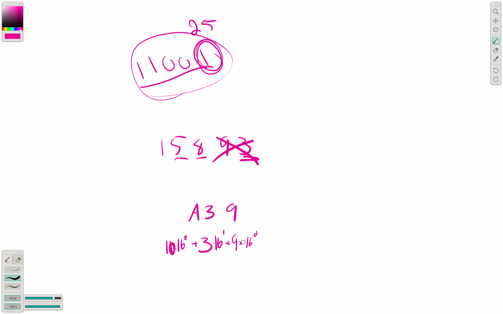And so the trick is, to get this 9, you mod by 16, so that crosses all those out. And then you get this part. Then to cross this 9 out, you can divide by 16, and dividing by 16 will cross this 9 out.